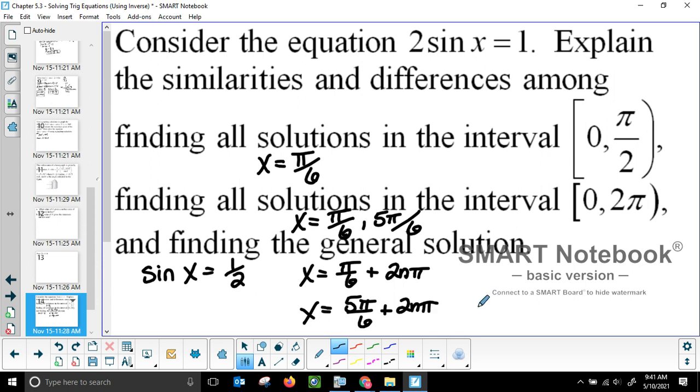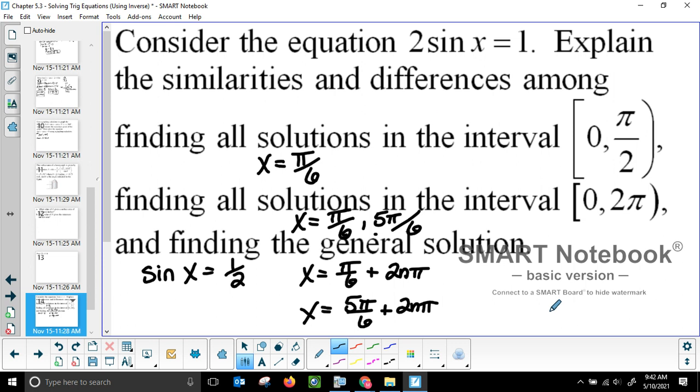So similarities and differences. Obviously, pi over 6 is in every single solution set. The similarities between the first quadrant and the entire unit circle, of course, they share pi over 6, but the difference here is this 5 pi over 6, but it's actually very similar to pi over 6 in specific ways.